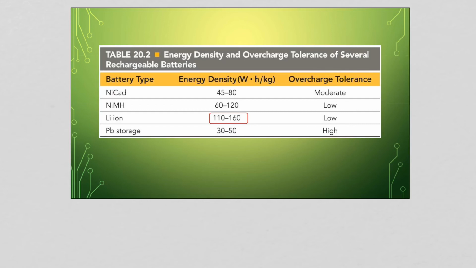So we've mentioned along the way energy density, and so I just want to point out, right, the lithium ion has by far the greatest energy density here, right? Because of the lightness of the lithium and the high voltage we can get out of here, we're able to get a lot of energy in terms of watt hours per kilogram.